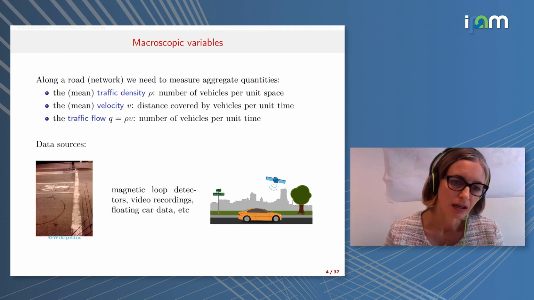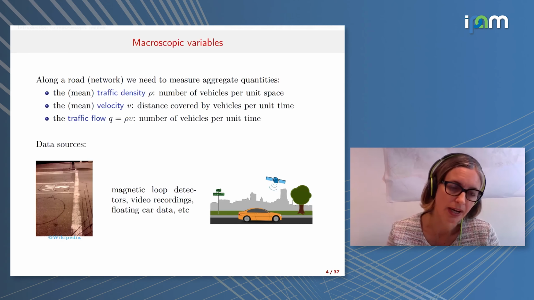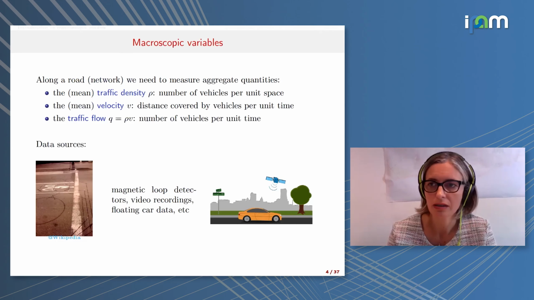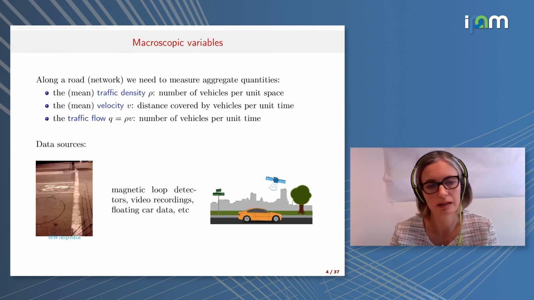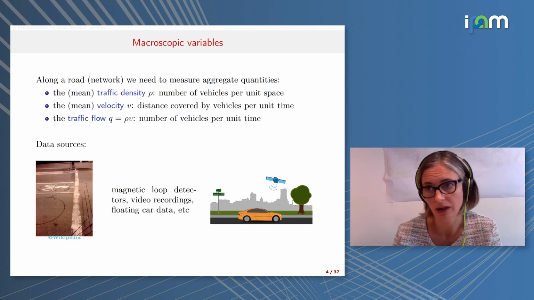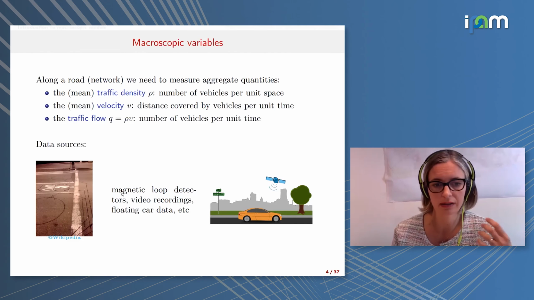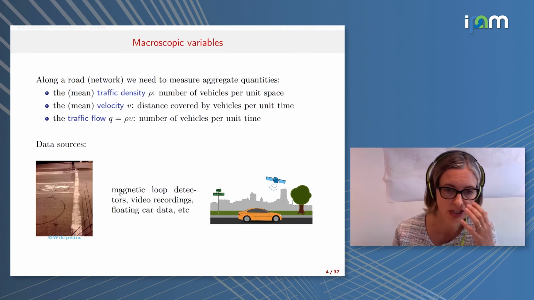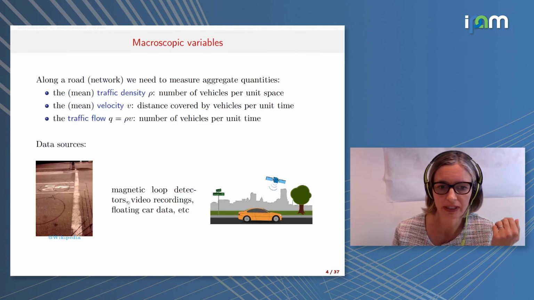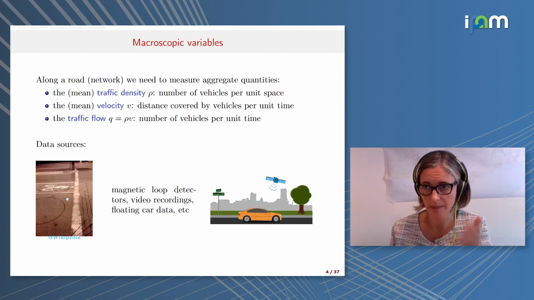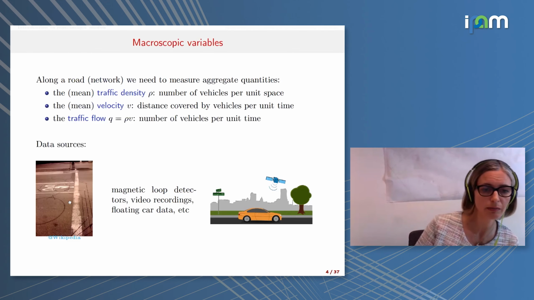For this, we have a number of data sources that allow us to measure some of these quantities, some directly and some that can be derived from the others. Nowadays, the most classical measurement tool is the magnetic loop detector, which can count the vehicles as they pass by at a given point of the road.